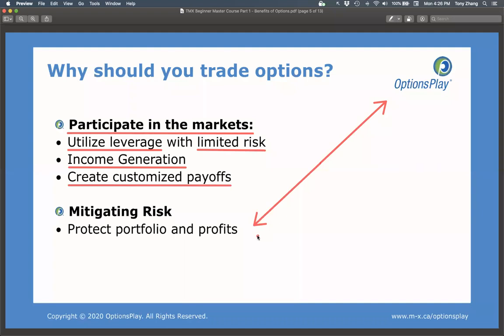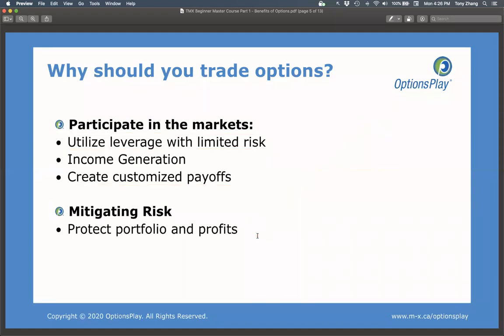Conversely, when you're trading options, you can actually trade using customized payoffs. So if you think the stock is going to move up a little bit one month, and you think it's going to go significantly down the next month, and then it's going to trade sideways, you can create customized payoffs that allow you to make profits if that actually works out for that underlying stock.